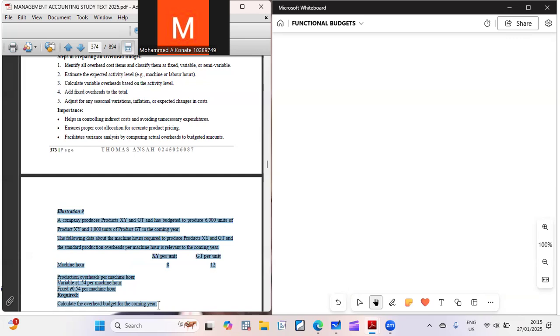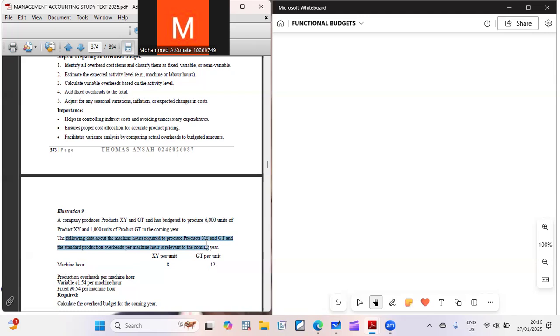Now let's look at the question in front of us. The question says the same company that we have been using, with the same production units, and the following information in terms of hours has been provided for us.